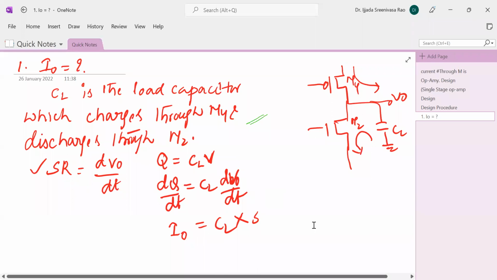So now, go to the specifications. What is the CL value given? 10 picofarads is given, multiplied by the slew rate, which is given as 5 volts per microsecond.